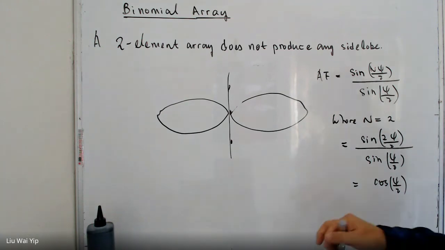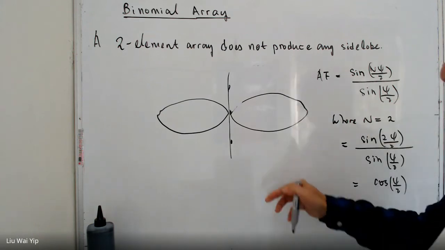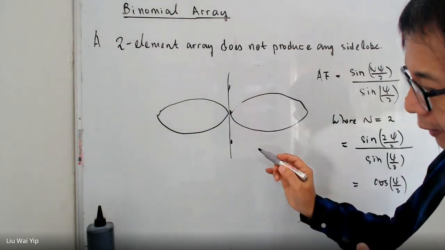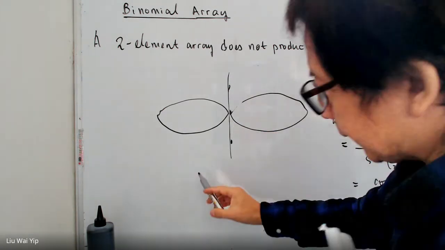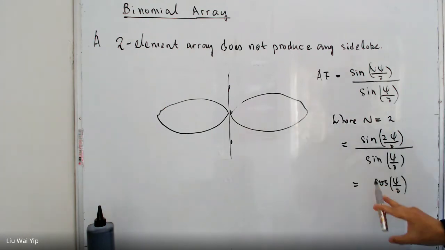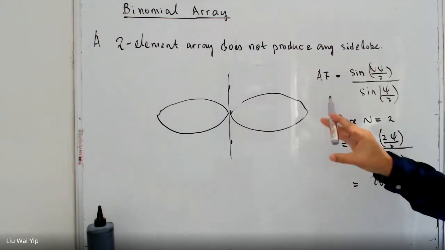So eventually we end up with cos of psi divided by 2. And now, what if we have another array with the radiation pattern being this one, self-multiplied by n times.